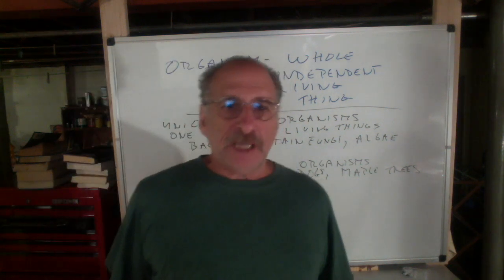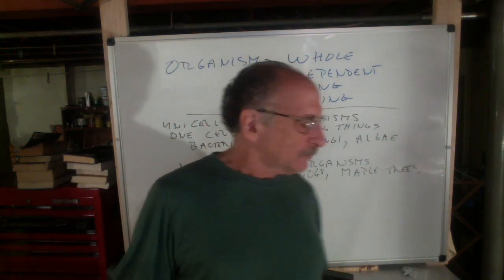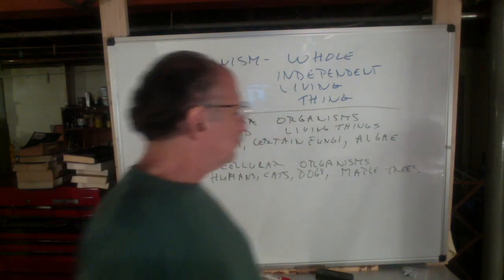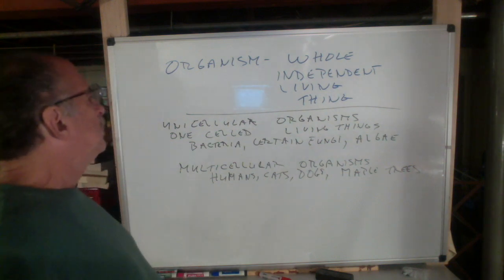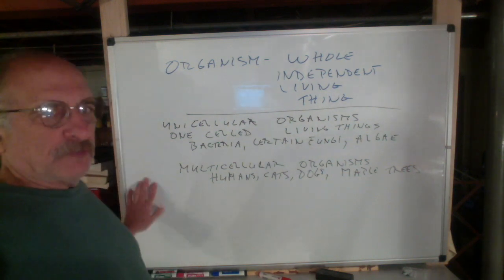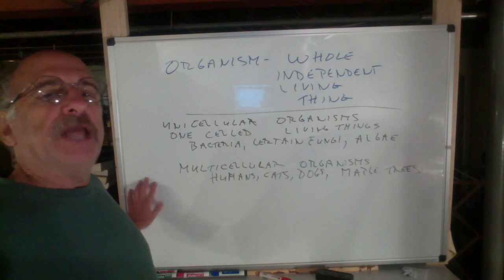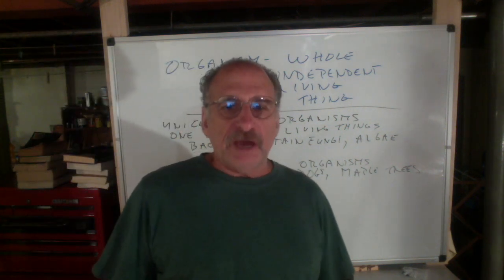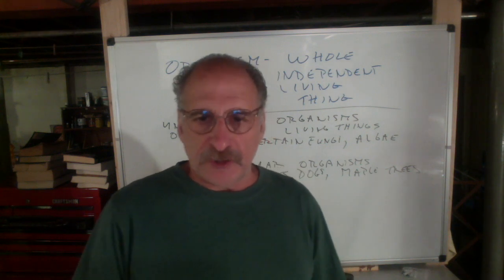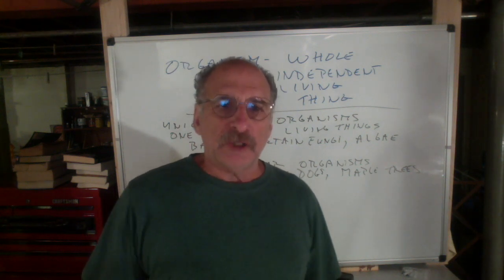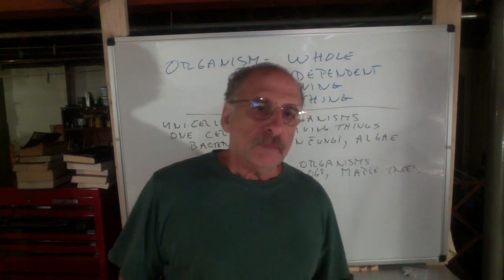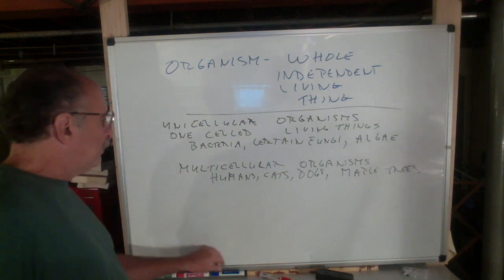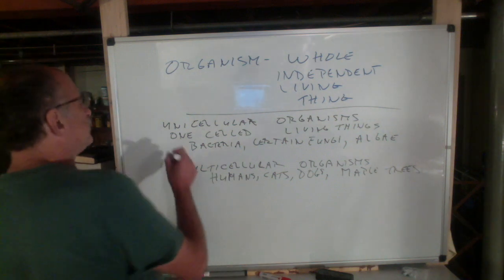Now, to test your understanding of this discussion, pause the video if you need to and answer the question, which of these two categories of organisms could not meet the definition of organism if the definition of organism was a group of organ systems that work together? And the answer is, this group, it could still exist.